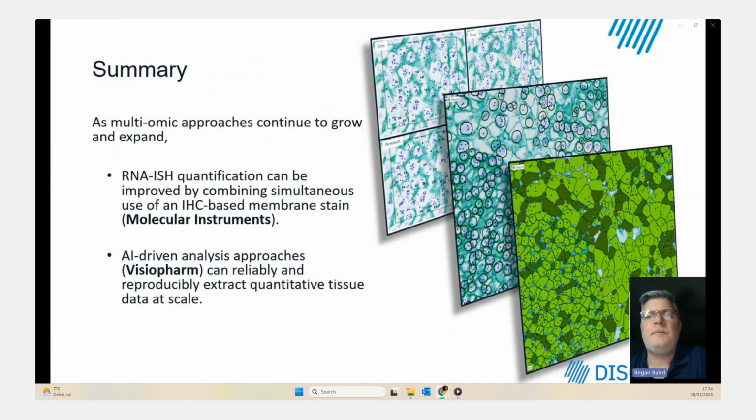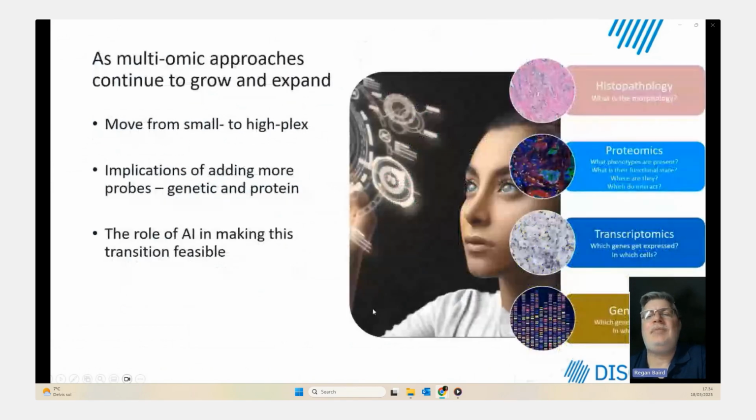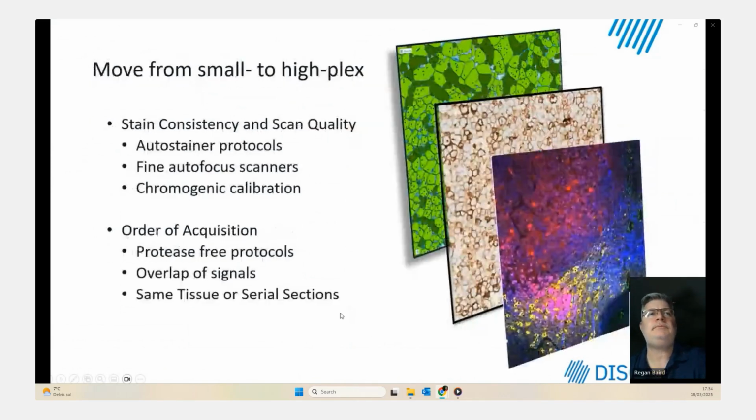So look for that. But now let's take a step further and look at the future of multi-omic imaging as we move from small plex to high plex analysis and how AI will be essential in this transition. The move from small plex to high plex has some considerations when it comes to stain consistency and scan quality.